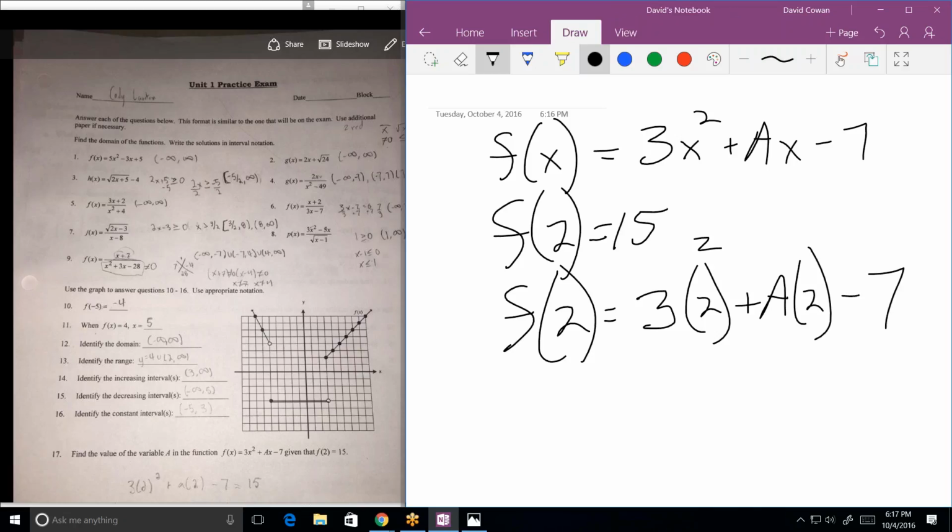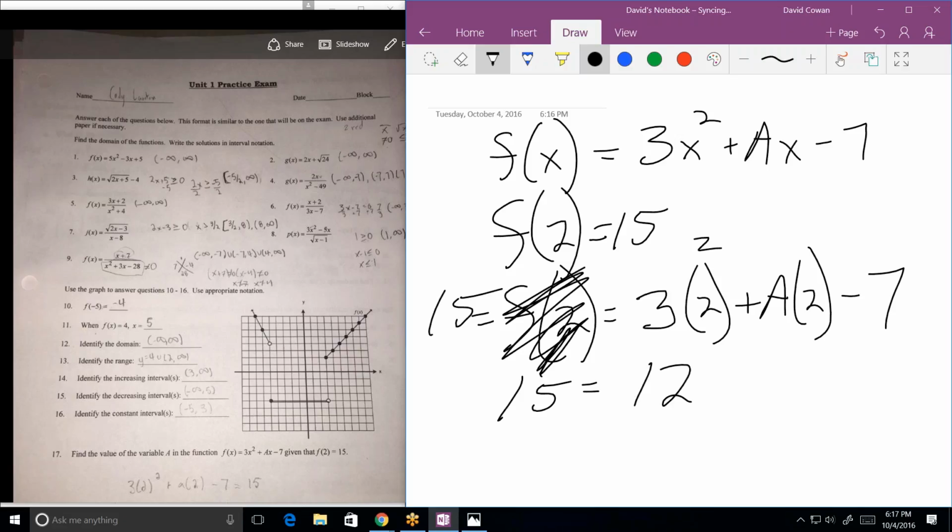And we know that's equal to 15. So now all we have to do is solve that equation. There's only one variable. So let's simplify it. 2 squared is 4 times 3, that's 12, plus 2a minus 7. Now it's fairly simple. Combine like terms, move it over, you get 10 equals 2a, a is 5.